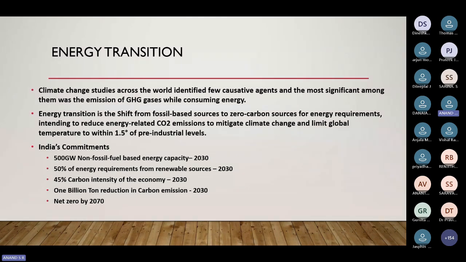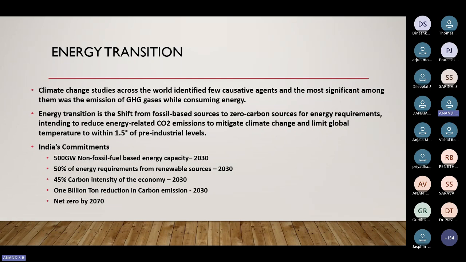But energy transition is not only electricity; it is a shift from fossil-based sources to zero carbon sources for all energy requirements, including transportation, heating, and all factory applications. Our aim was to limit the temperature rise to within 1.5 degrees of the pre-industrial levels, which may be a distant dream.